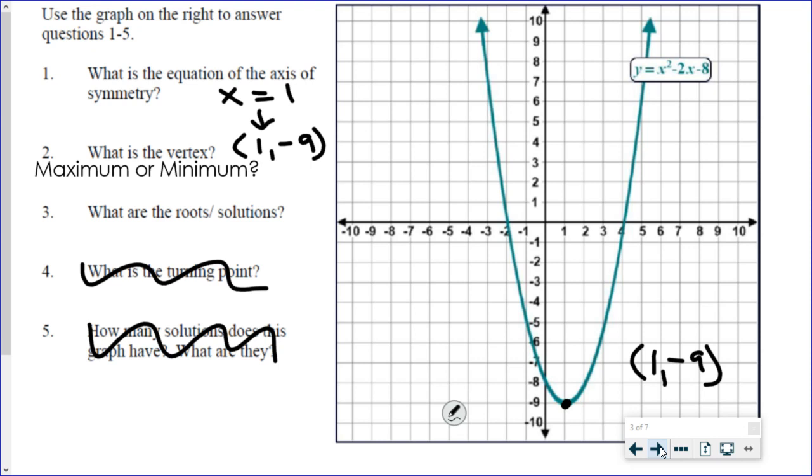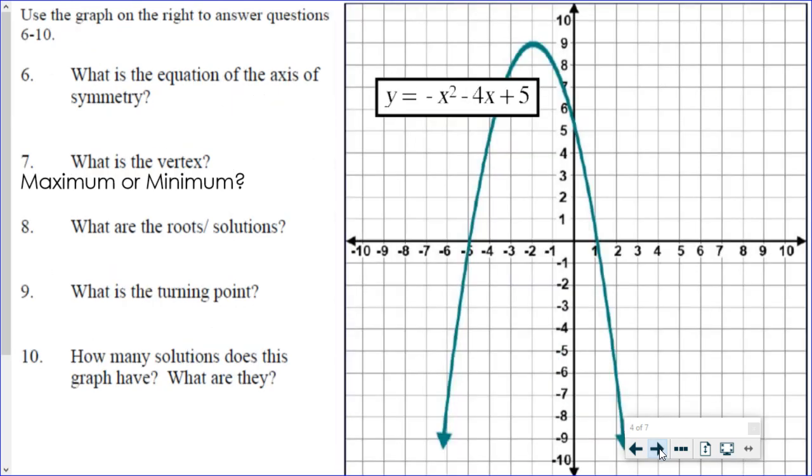And then the solutions or the roots or the zeros are right here at -2 and +4. And this is a minimum because it's a low point.